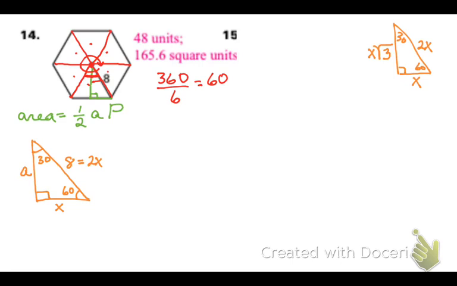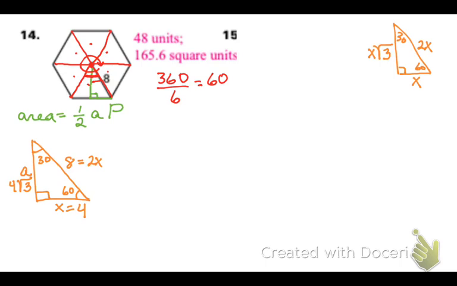So 8 is 2x, and x has to equal 4. Now we know what x is, and we know that A is equal to x times root 3, so that's 4 root 3. So now we know those values.